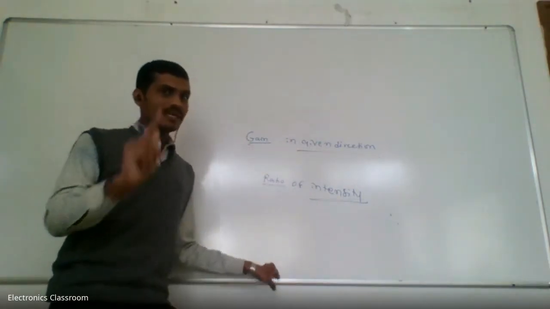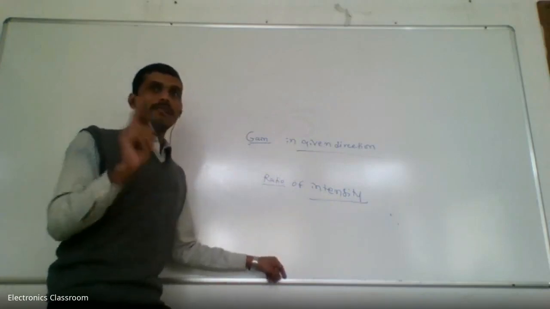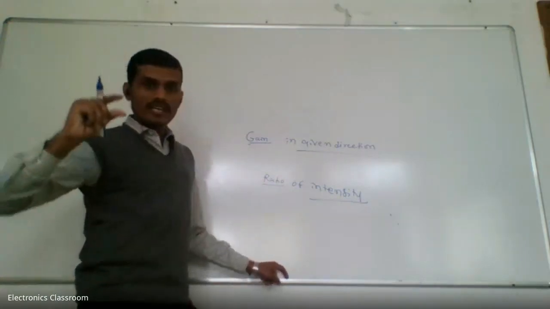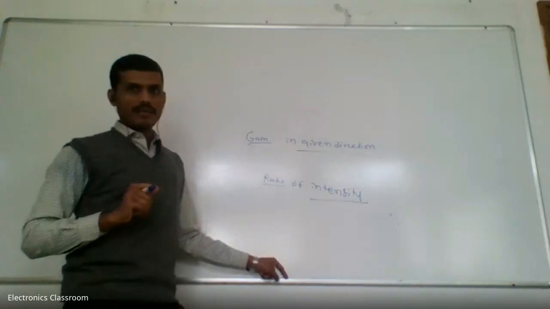Your directivity is also a ratio of intensity, but it is the radiation intensity to the isotropic radiation intensity.